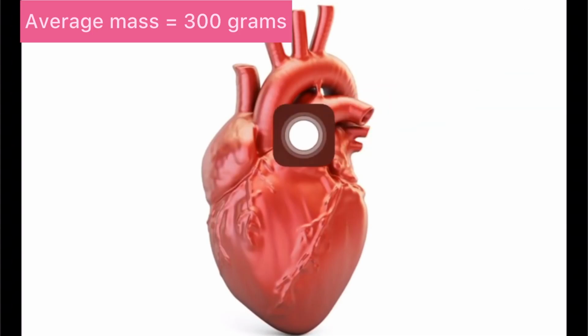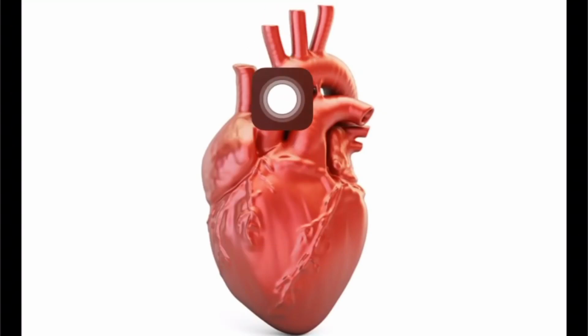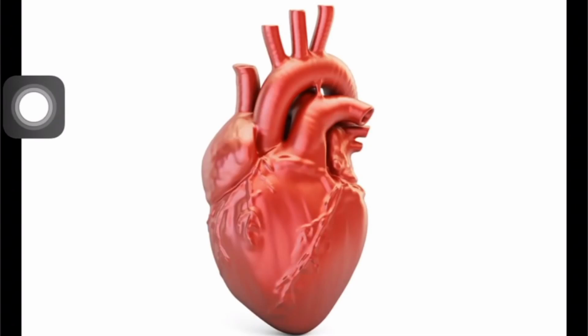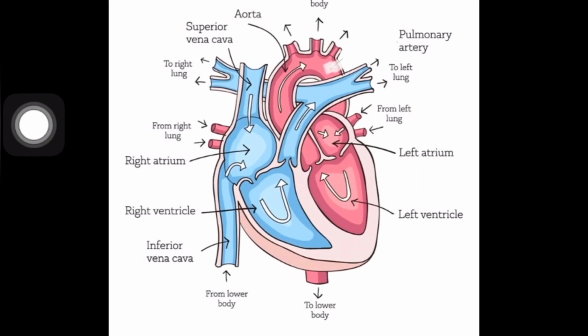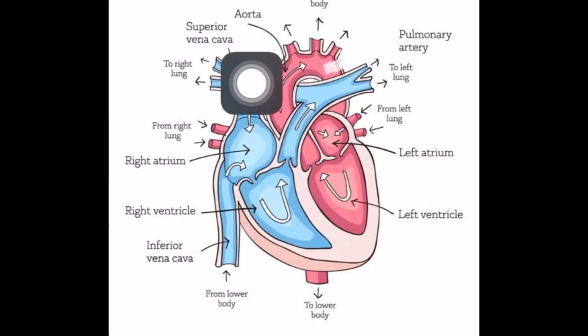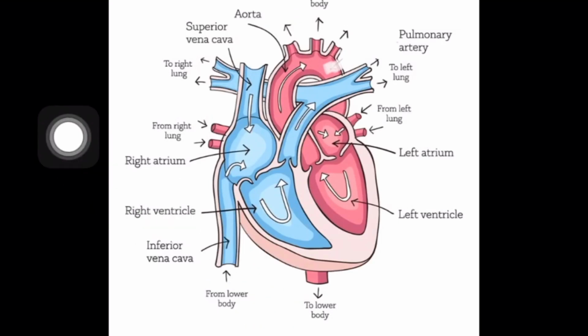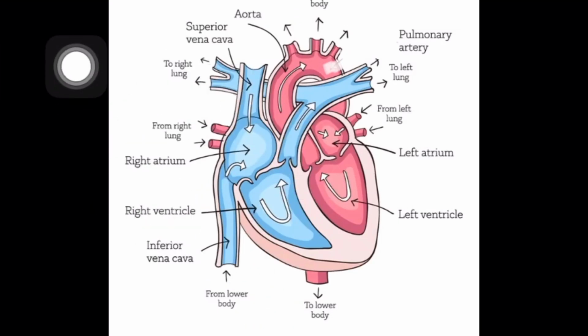If you cut this heart along the vertical line, along this aorta, then you get two halves, something like this. This is the half part of the heart which is cut along the aorta.